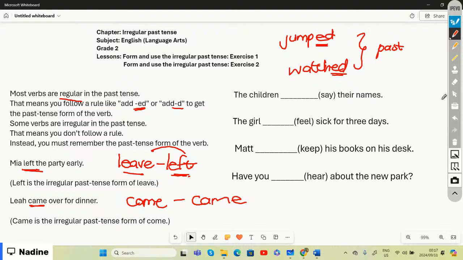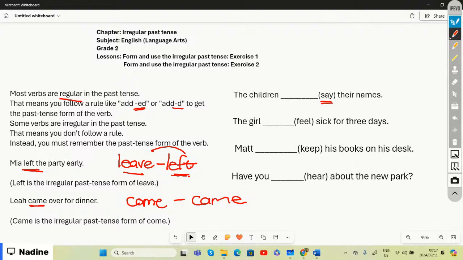But now, when it comes to the irregular past tense, we don't just add ed or just add a d to show our verb is in the past tense. Look at this word, say. It says the children say their names.